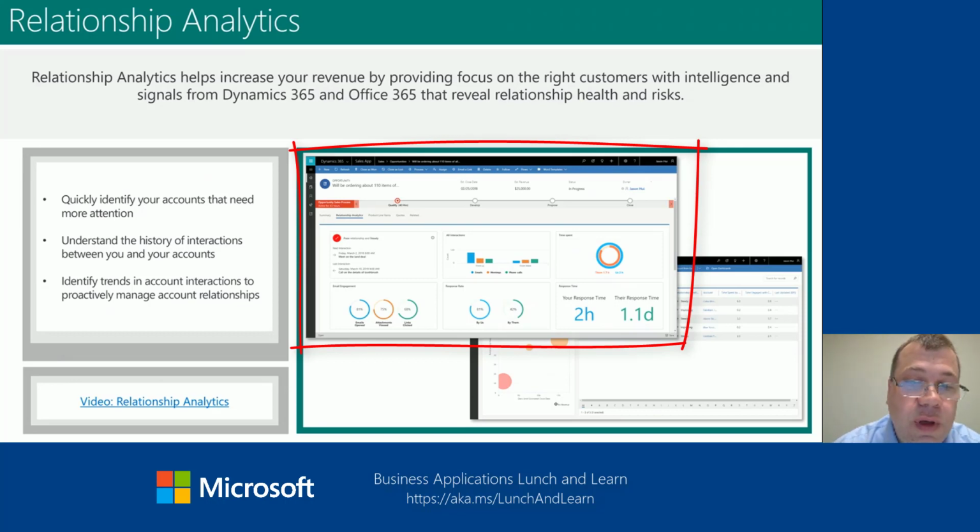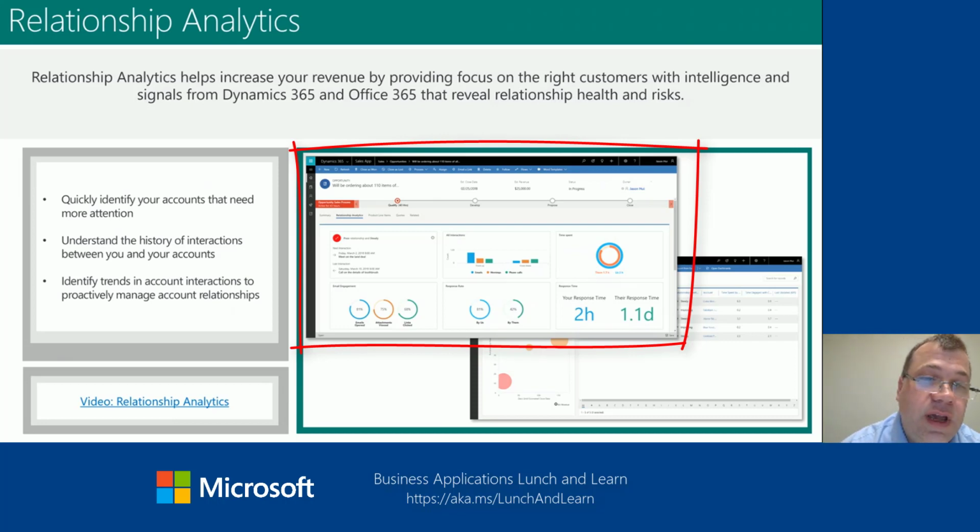It will give you a typical stoplight type mode so that you can see how good the relationship is. And that relationship is based on the amount of communication that you have going on.